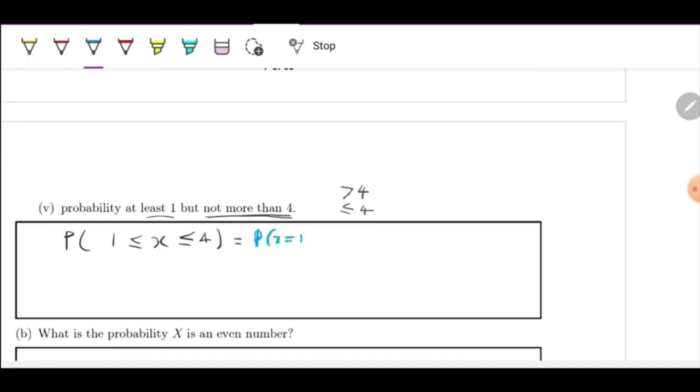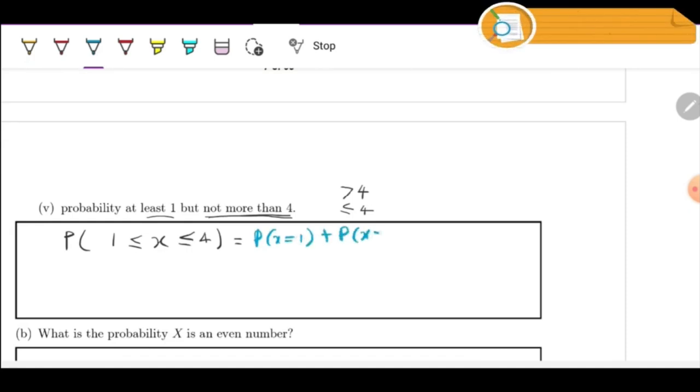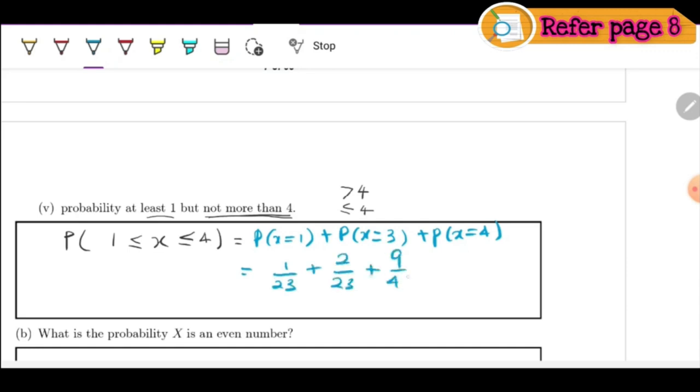So P(x equals 1) plus P(x equals 3) plus P(x equals 4). The probability is 1 over 23 plus 2 over 23 plus 9 over 46. And the answer is 15 over 46.